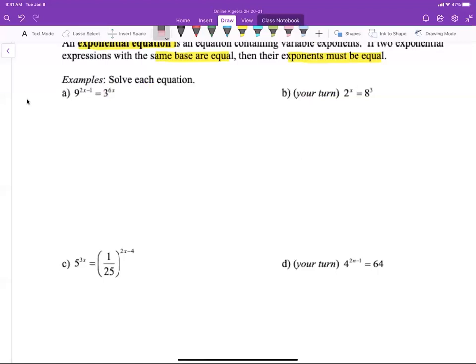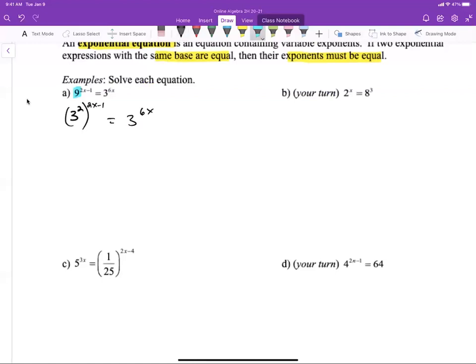I can make the 3 a 9 or the 9 a 3, and it is easier to manipulate the 9. So let's take the 9, and what does that equal? That equals 3 squared. So what I have now in parentheses is 9, and that 9 is to the power 2x minus 1, and that equals 3 to the 6x.